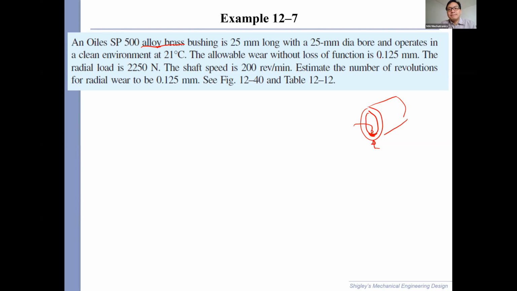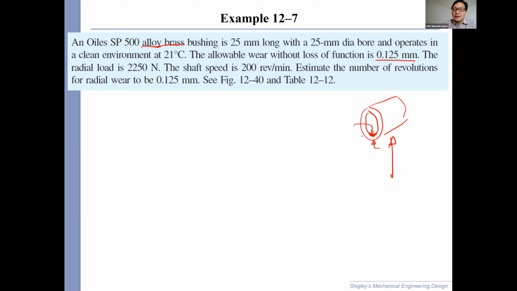If you go beyond that, the clearance between the shaft is too big, and your vibration is gonna kick in, and it's not good. The radial load given. Okay, so at all times, this is applied a radial load, 2250 newtons.